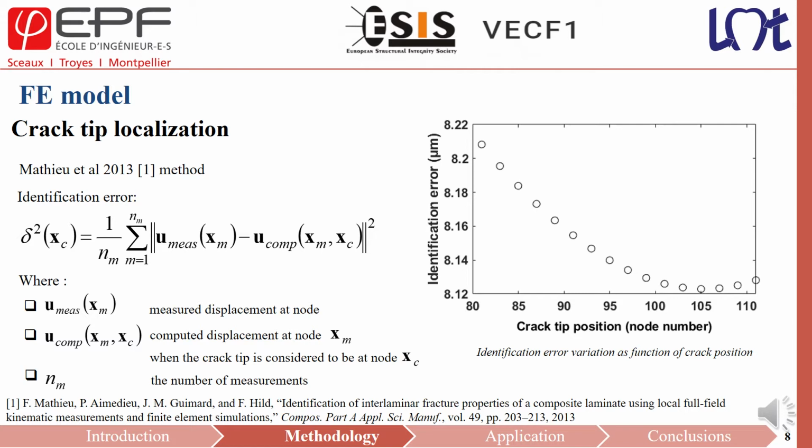The nodal displacement difference between DIC and FE analysis is computed, and the displacement gap consists in the root mean square difference. The minimum of the identification error curve shown below is the best approximation of the crack tip position.